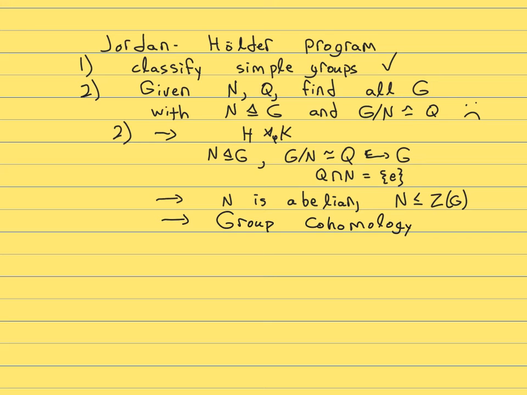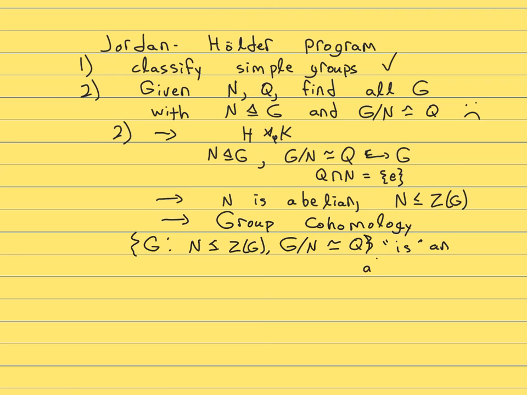Namely, the set of such G, such that N is contained in the center of G, and G mod N is isomorphic to Q, is an abelian group in some sense.